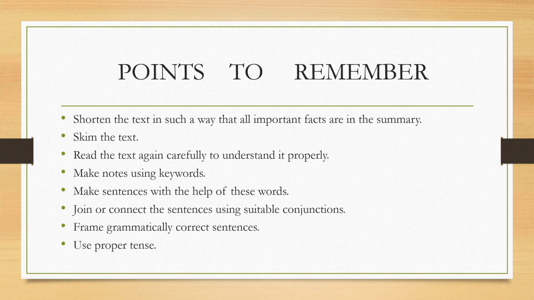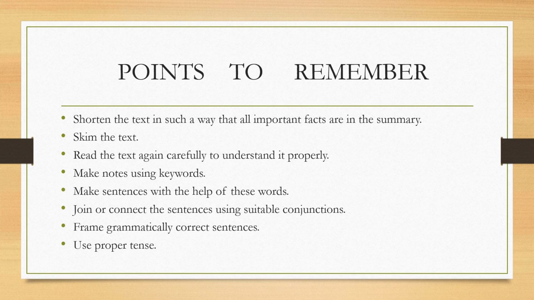In the text, these conjunctions may not be there. But when you are framing your sentences to form a paragraph, you can use words or conjunctions like and, but, because, so, and make them shorter by combining them.